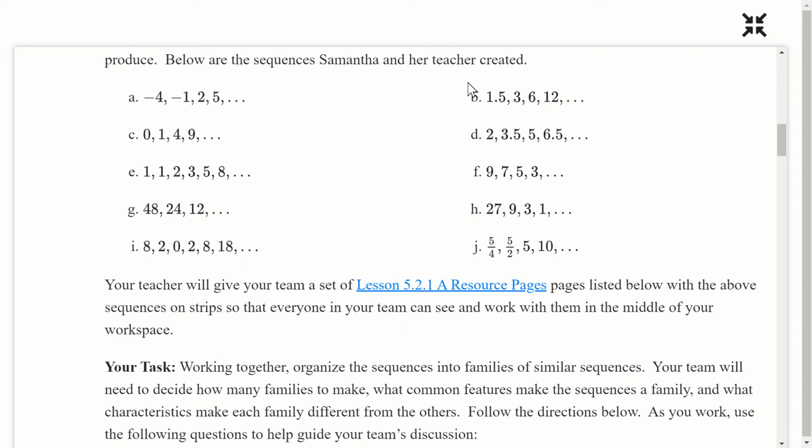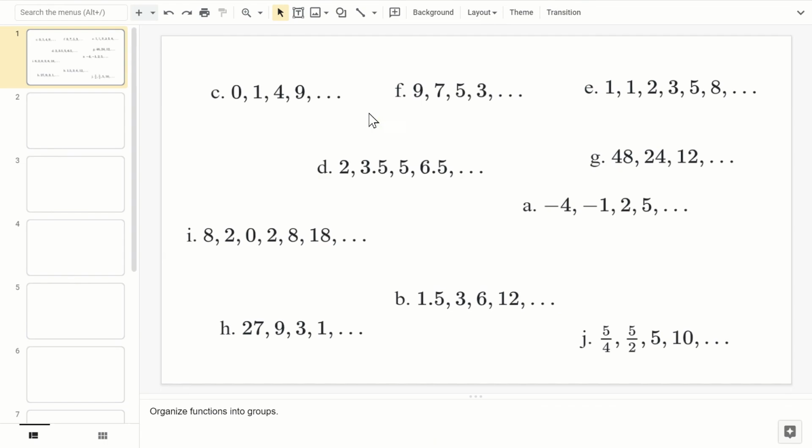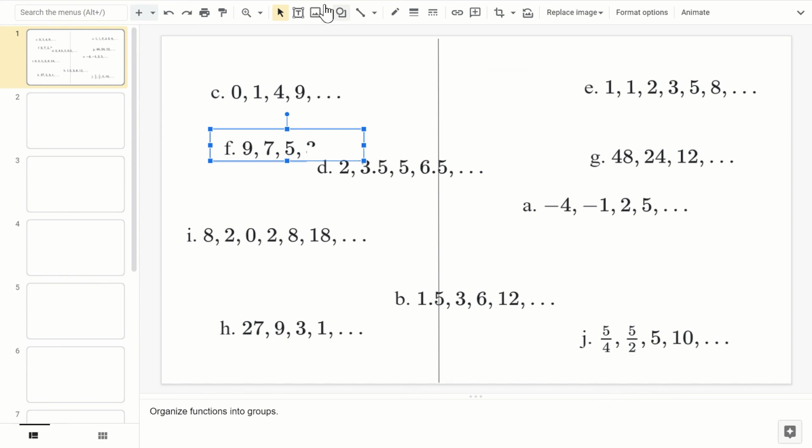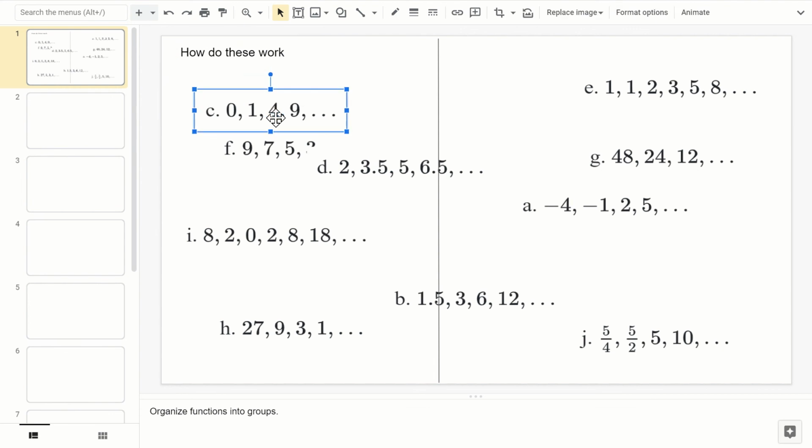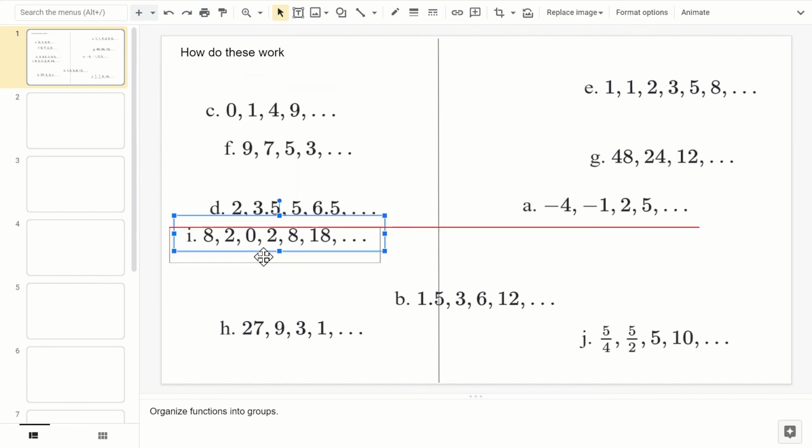And in fact, in slides, if you wanted to separate them, maybe you could draw a line down the middle and say, okay, I've got this kind and this kind, and maybe give me a description about how do these work? So you can give me, oh, these are sequences that you get by doing this. That's a terrible description, but you'll give me something better. And then just move these around and get them into a couple families.